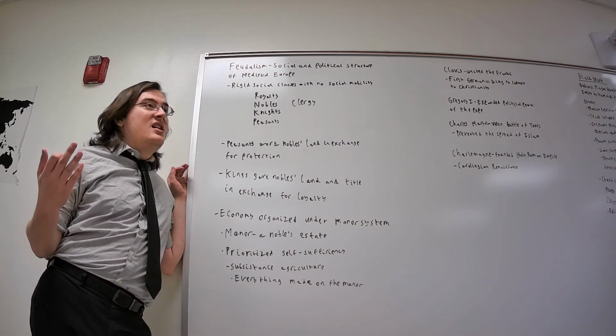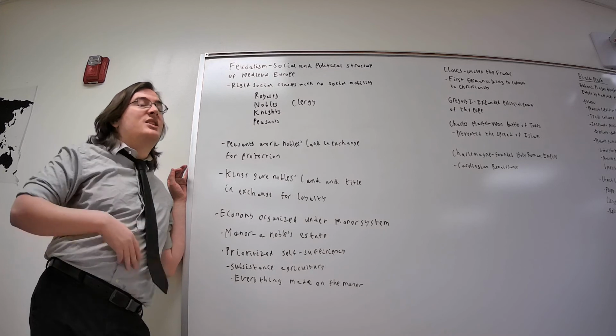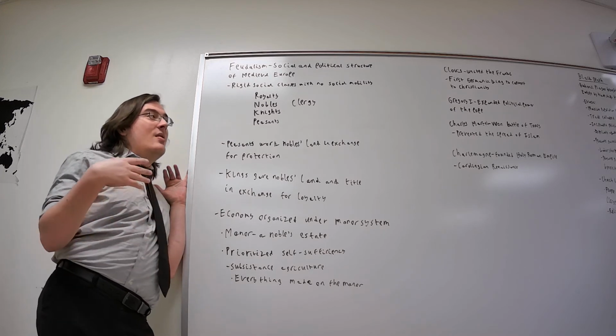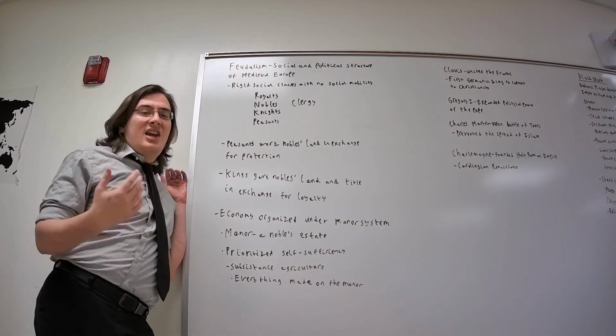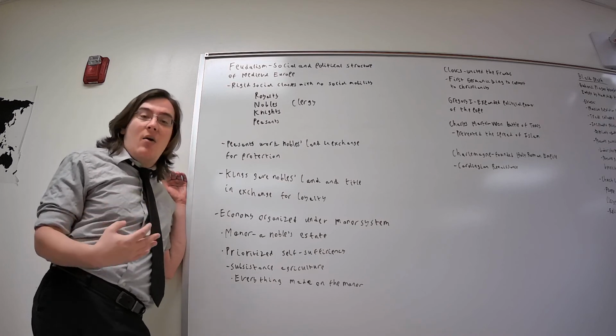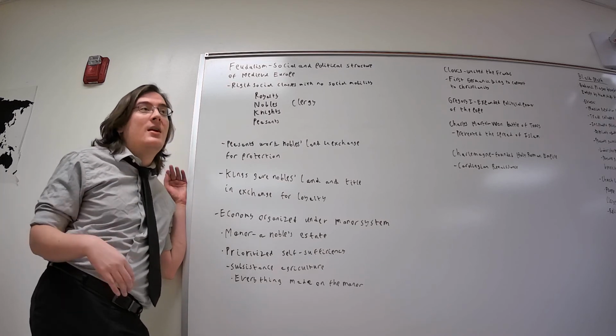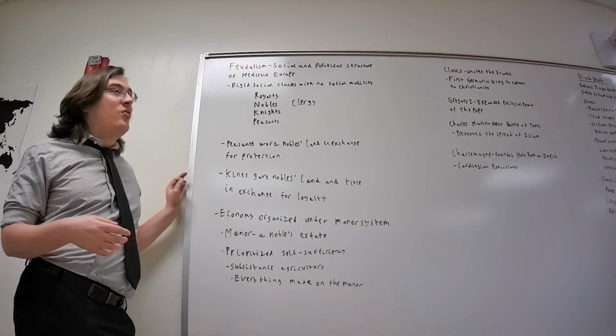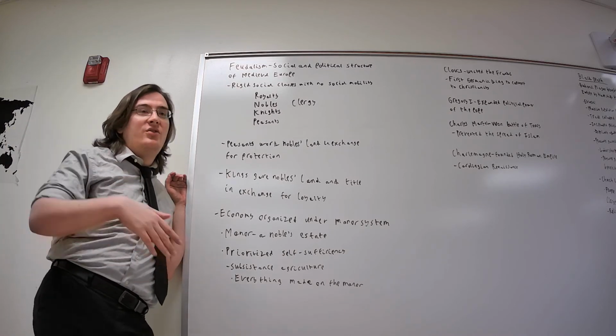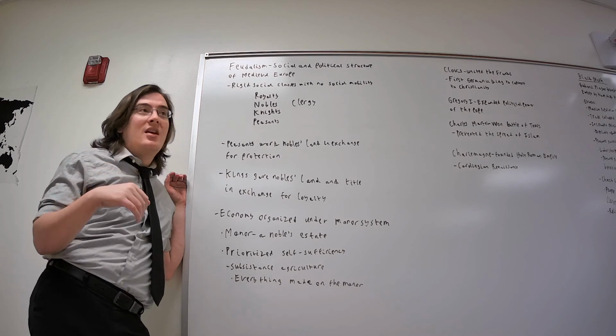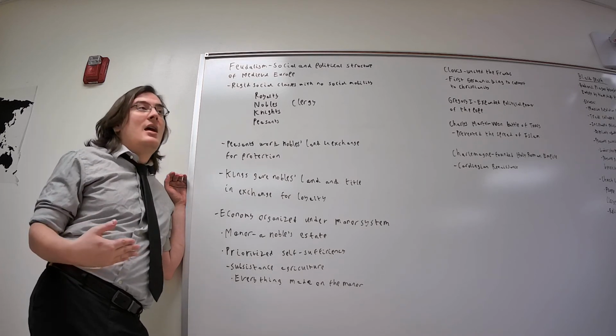Now, the drawback to this from the king's perspective is that initially, the kings didn't have the power to force the nobles to do anything. The nobles had their own private militaries who were more loyal to their lord than to their king because their lord paid them.